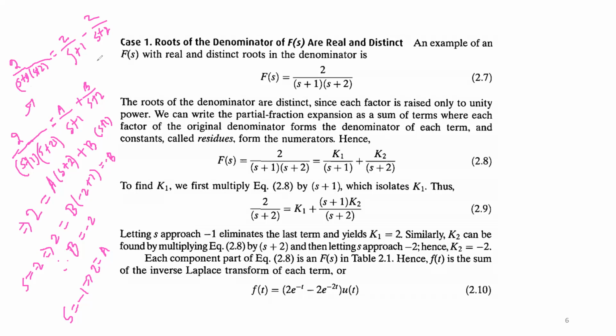Now use the fraction. If you do the inverse Laplace transform, then you find this value. So 2 would be there, and instead of 1 by (s+1), e to the power minus t, minus 2 e to the power minus 2t.